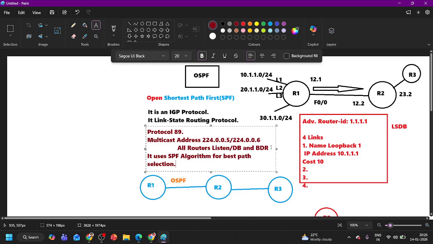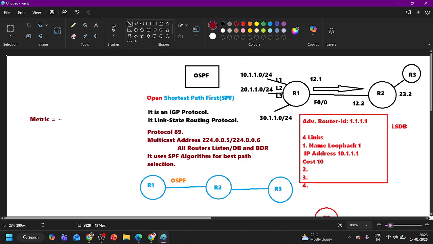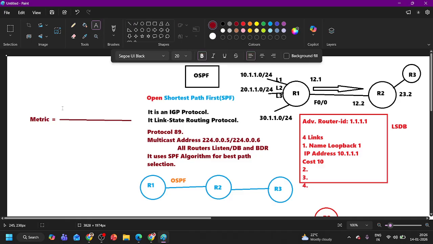How does the SPF algorithm work, or how does it calculate the metric? Actually it uses a formula: metric equals reference bandwidth upon bandwidth of the actual link. Again, the question: what is reference bandwidth?